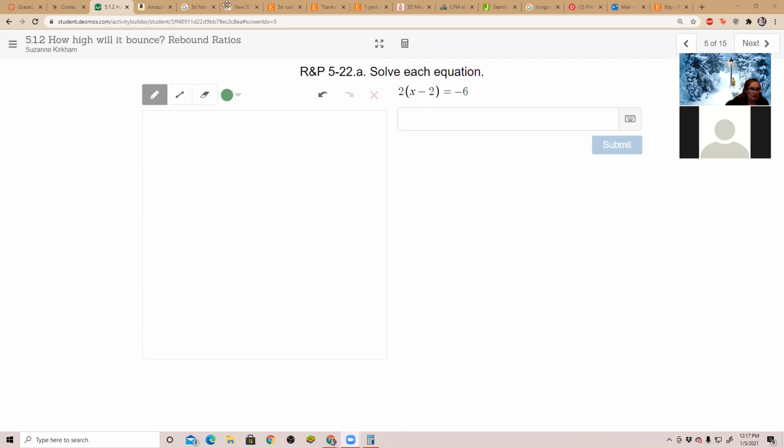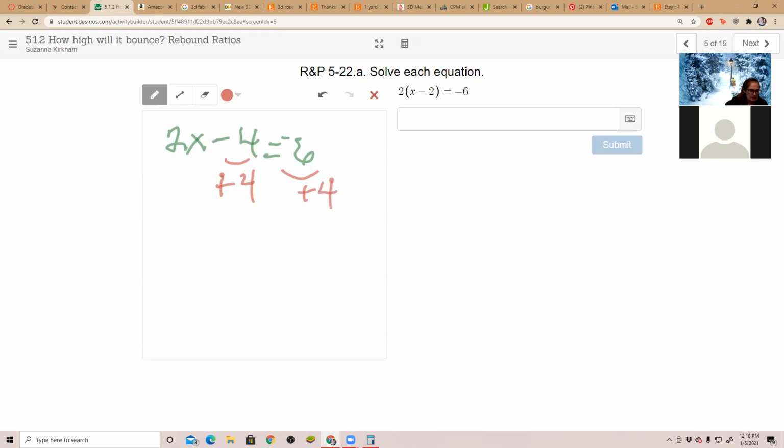All right, so we've got 2 times x minus 2. So we'll go 2 times x, that's 2x. 2 times -2 is -4. And that equals -6. So now we're going to solve for x by combining like terms. So we've got the -4 that we can combine with the -6. So we'll add 4 to both sides. So +4 and +4.